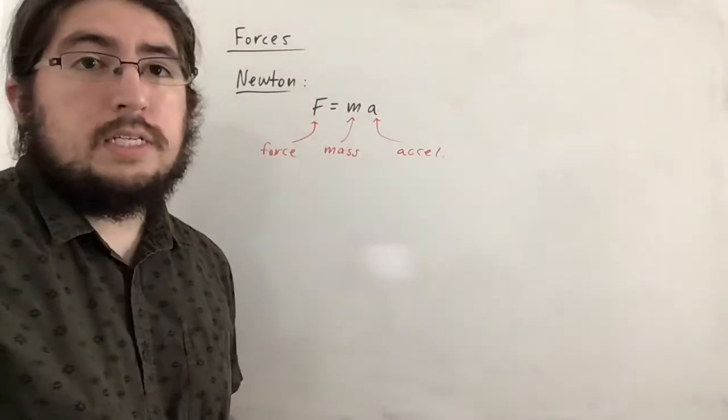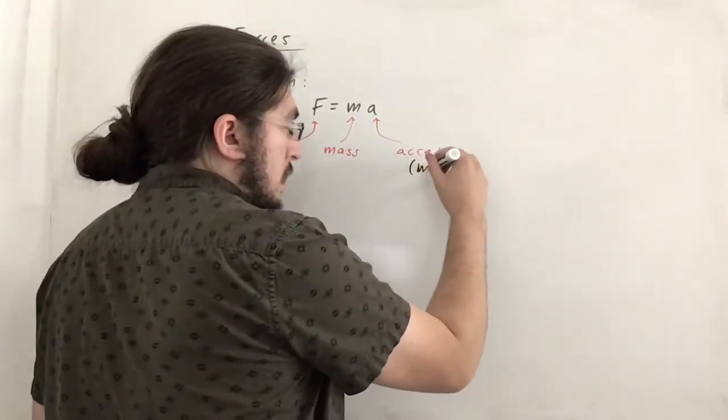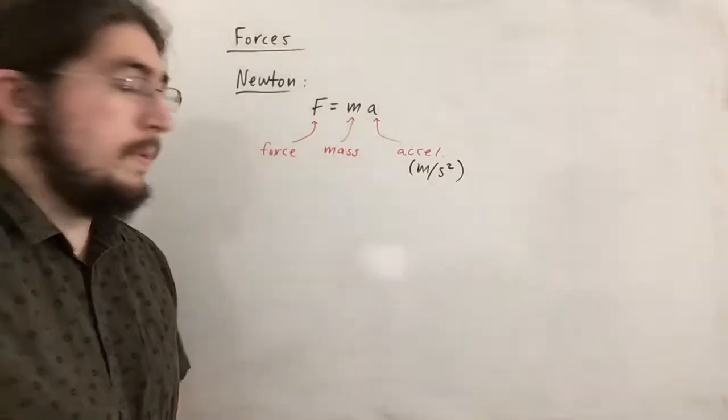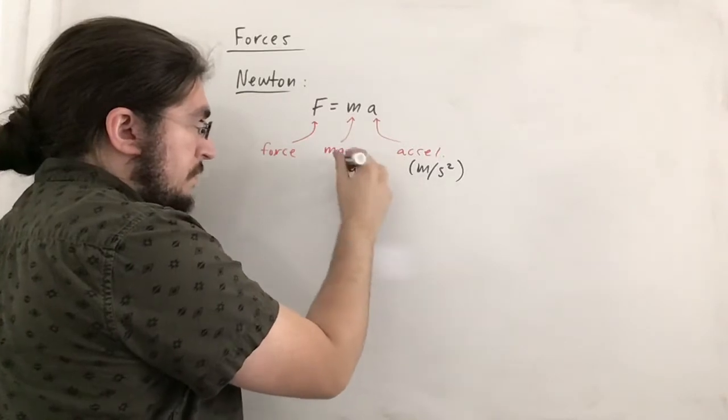Now the standard unit for acceleration is meters per second squared. Mass, the standard unit, believe it or not, is in kilograms.